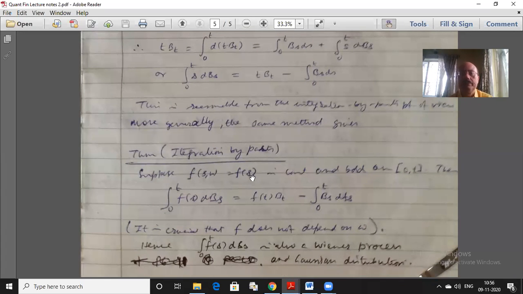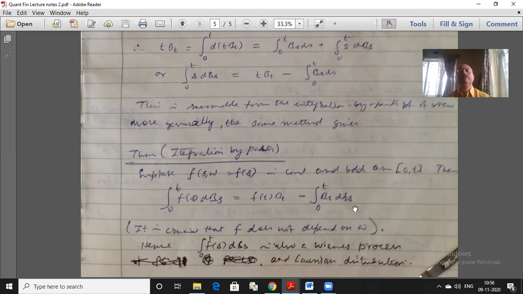There is no omega here. And that function is continuous and bounded on the relevant time domain, say 0 to t. Then if I want to evaluate this dB integral from 0 to t of f(s) dB_s, that dB integral can be written as f(t) B_t minus the integral of B_s df(s).